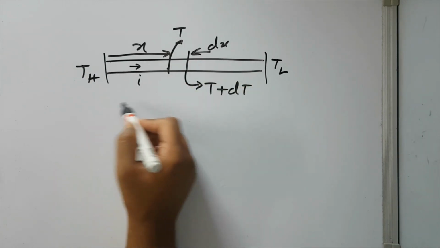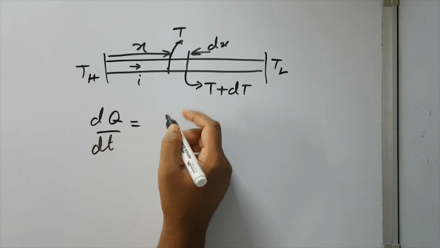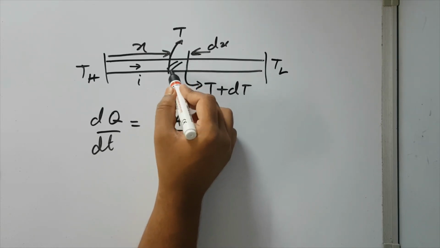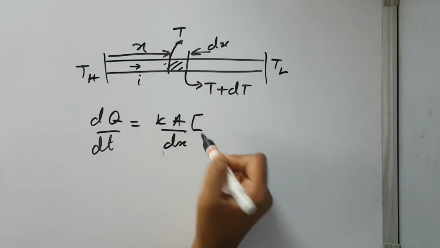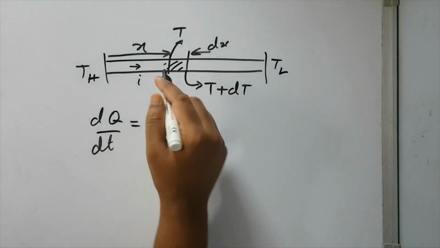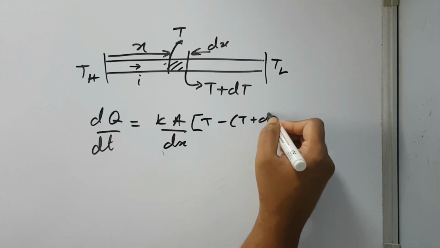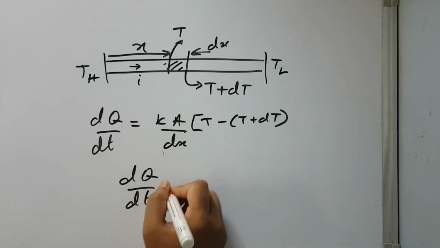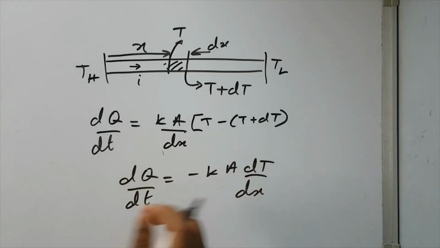So the heat current I, which is dq by dt, equals KA by L, where L is the length of the element, the conducting part. The length is dx, so this would be dx times the higher temperature T minus the lower temperature T plus dT. So what you get from here is dq by dt equals minus KA dT by dx.